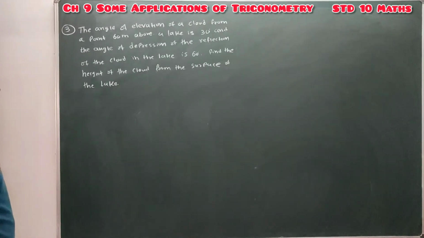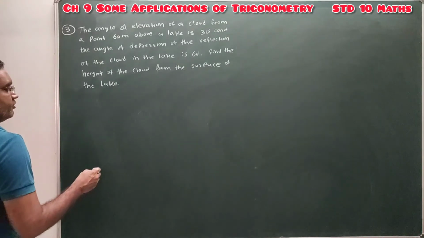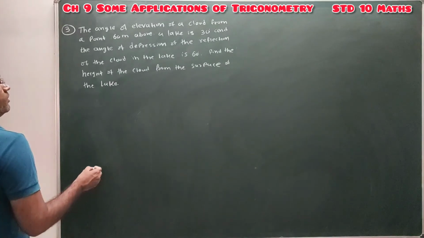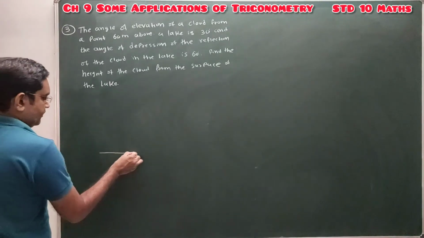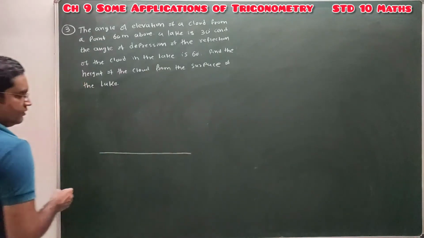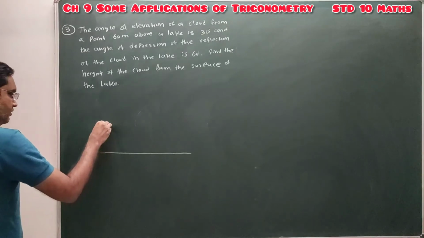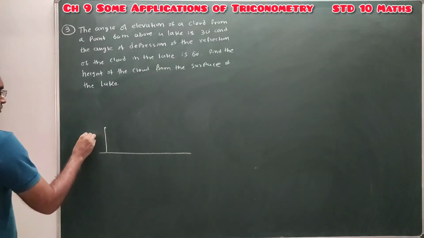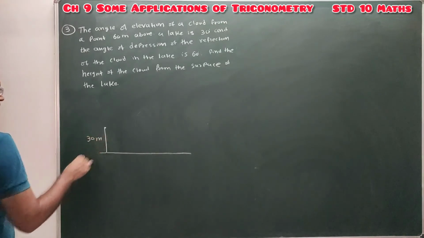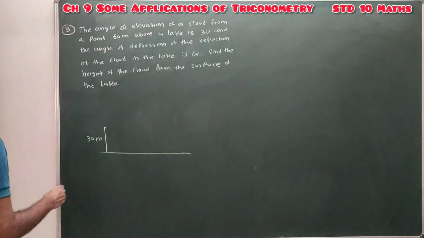The angle of elevation of cloud from the point 60 meter above a lake is 30 degree. So this is our ground level, which is lake, and a point which is 30 meter above the lake, observing the cloud, and the angle of elevation is 30 degree.